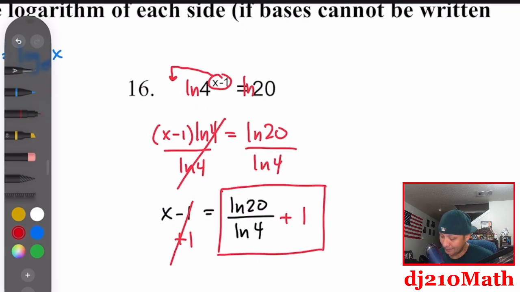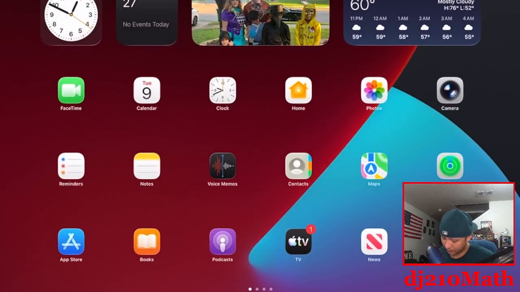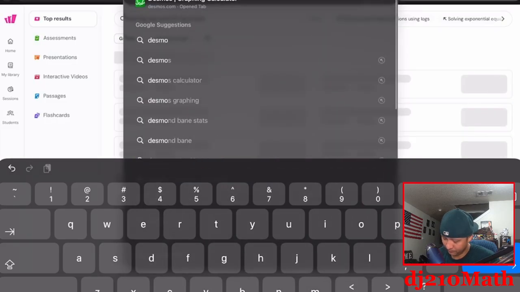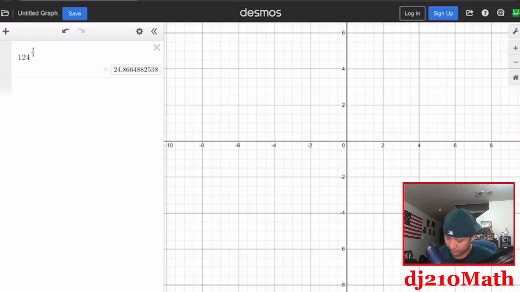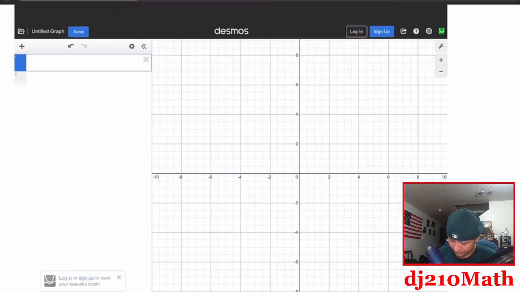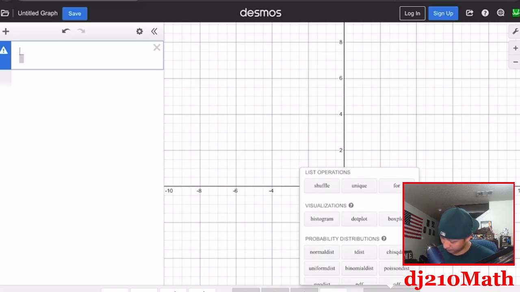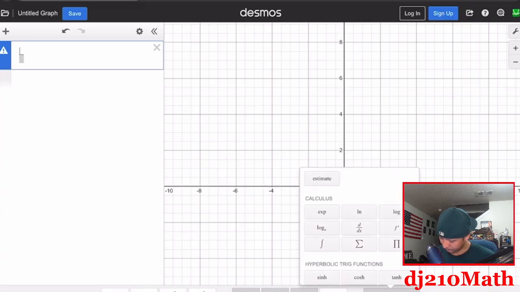Now, maybe on the test, you might have a decimal answer. So if I go to Desmos, and we say, what did we say it was? I don't want a function. So we had natural log. If you go to functions, find the natural log. All the way towards the bottom.